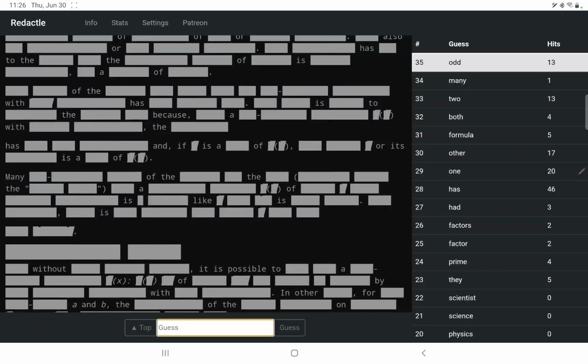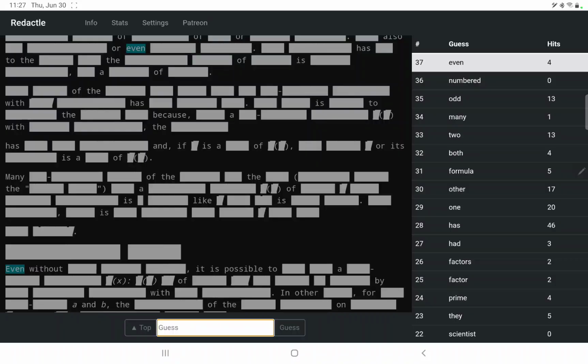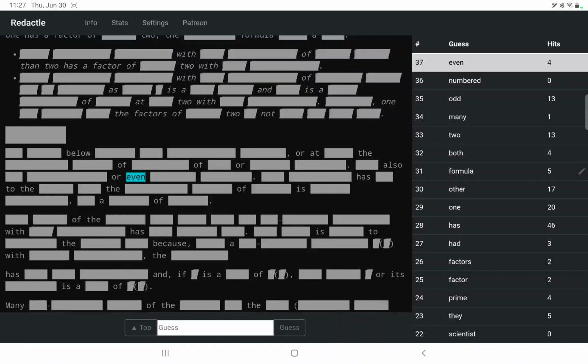could it be odd? No, but let's try numbered. And let's do even as well. Let's look at our evens.